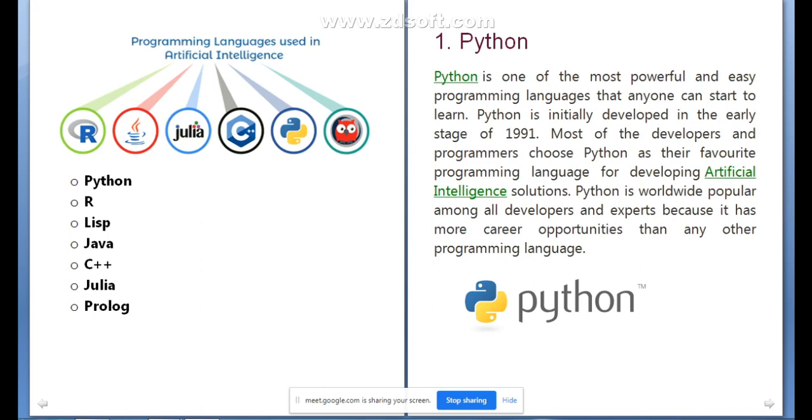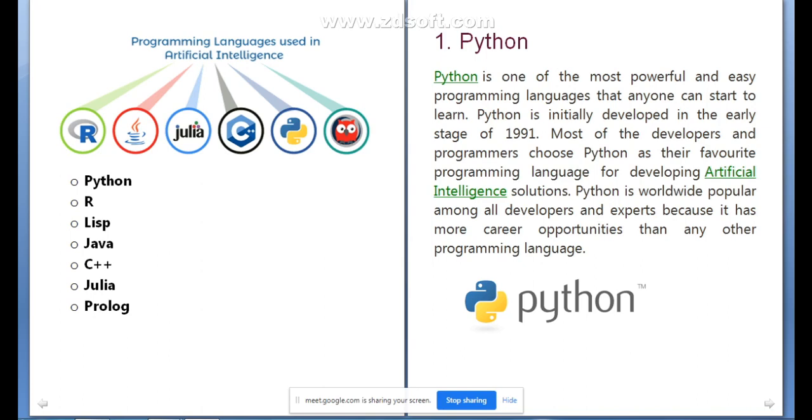Perhaps all of you have used Python, as per my knowledge. Yes, sir. You have used Python, right? Yes, sir. So most developers and programmers choose Python as their favorite programming language for developing artificial intelligence solutions.